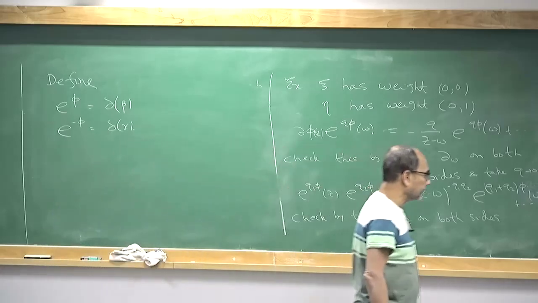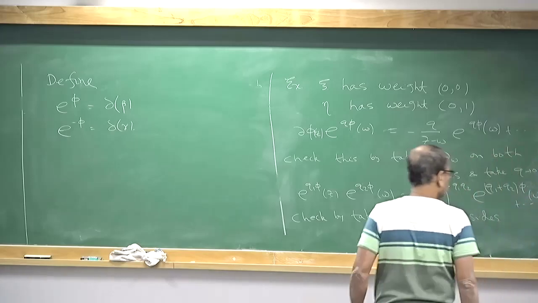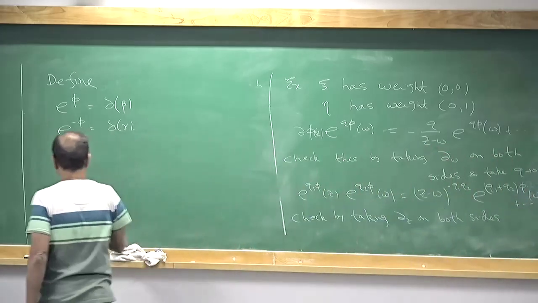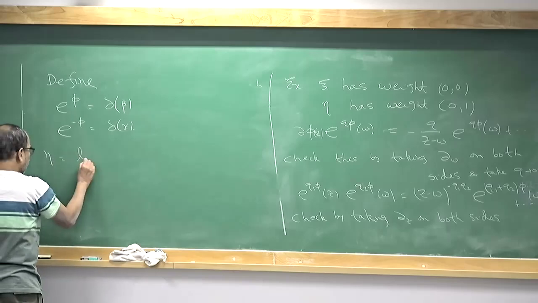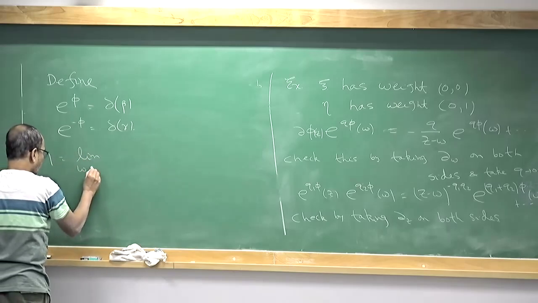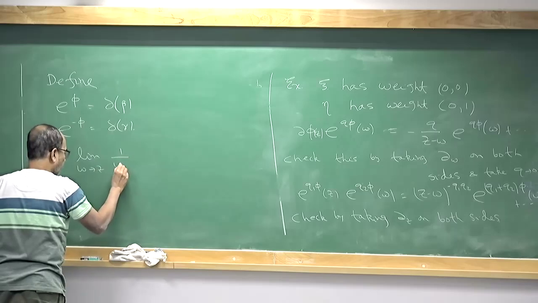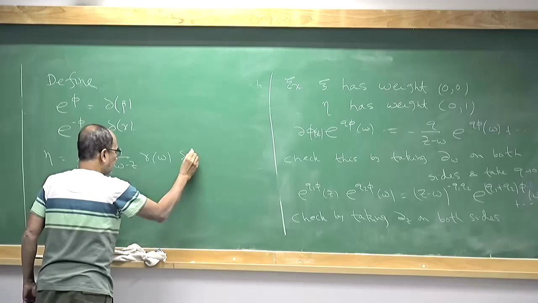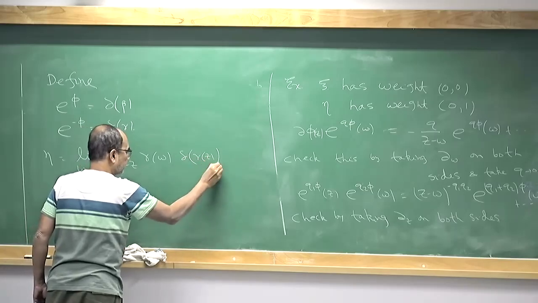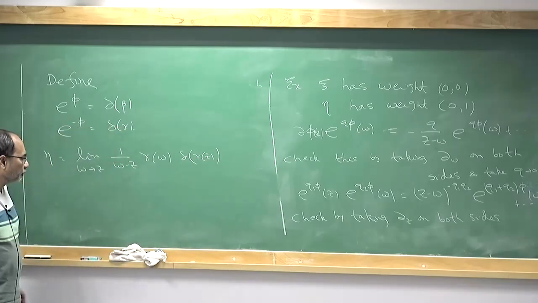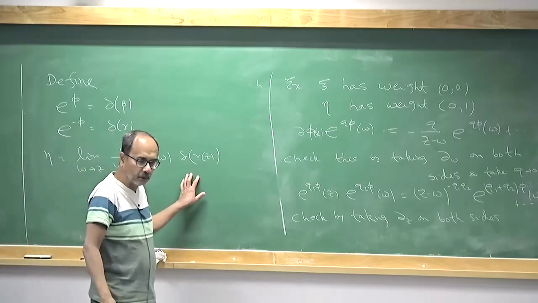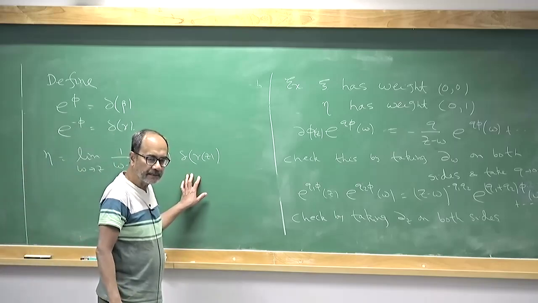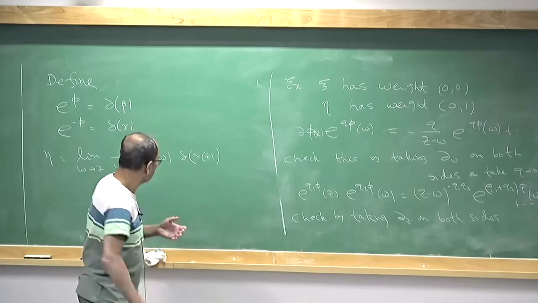Then you define eta as the limit w goes to z of 1 over w minus z, gamma of w delta gamma of z. Because you know that gamma of w delta gamma of z should have a 0, so the coefficient of that 0 you declare as eta.